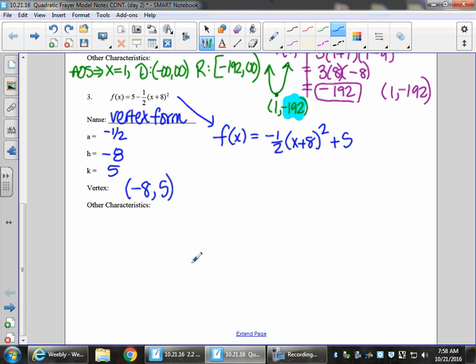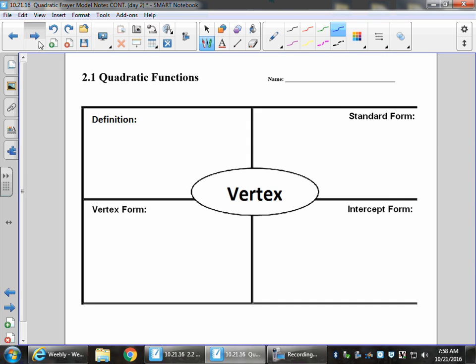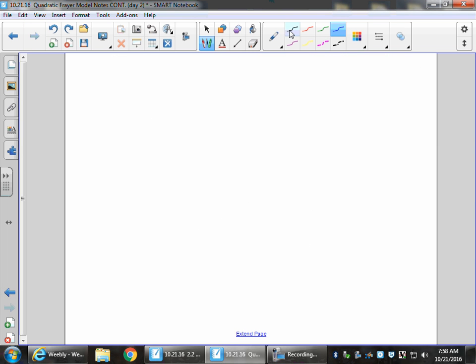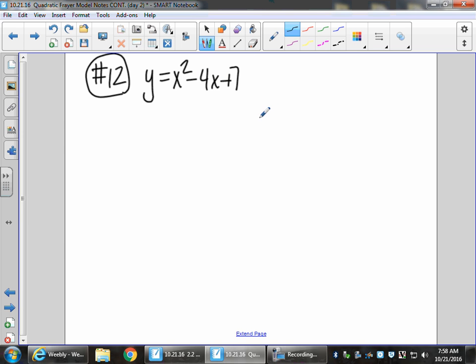So turn to number 12. It's on the inside page. If you write small and you can fit what I write, use your judgment.